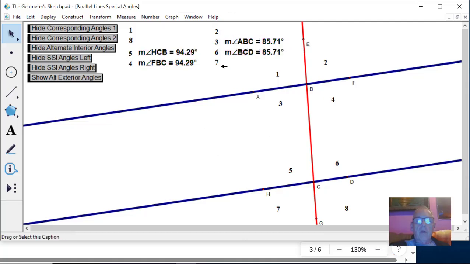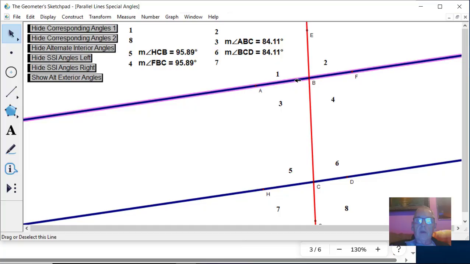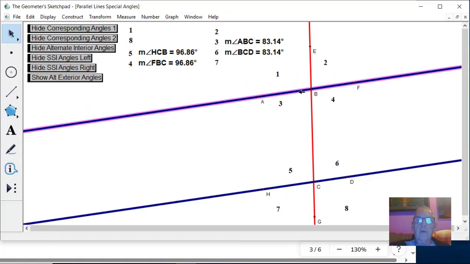So we have angle 5 is alternate interior with angle 4, and angle 3 is alternate interior with angle 6. Notice that 3 and 6 have the same measure, and 5 and 4 have the same measure. So I move the angles around.